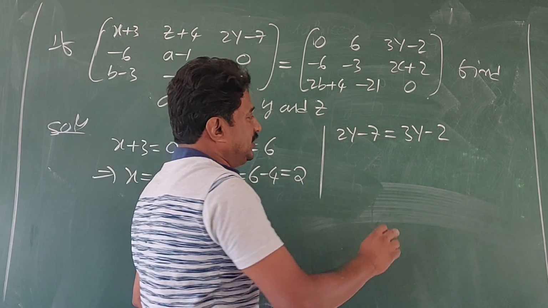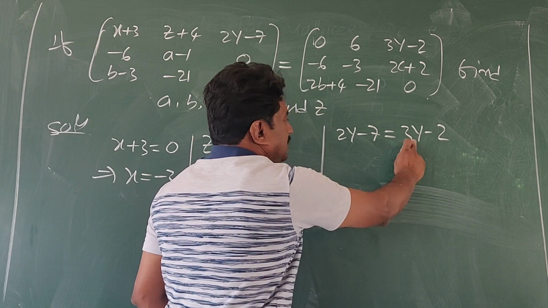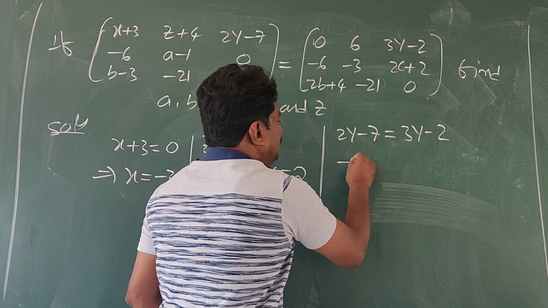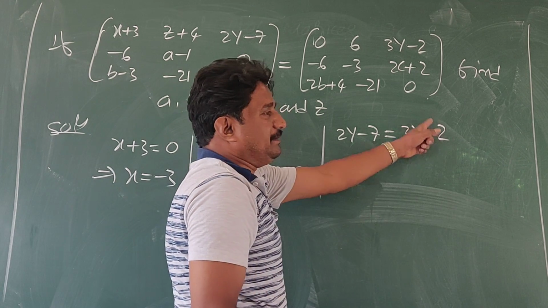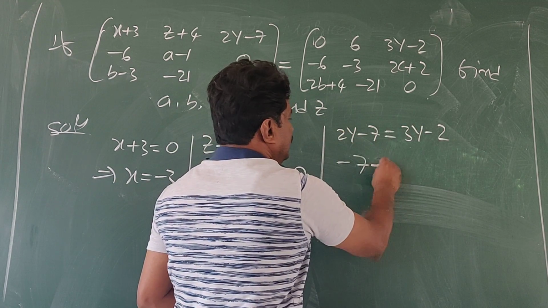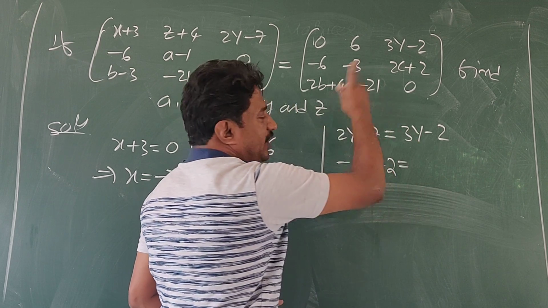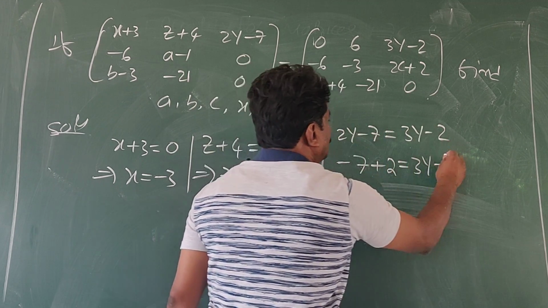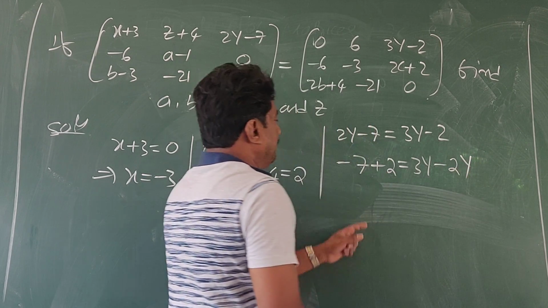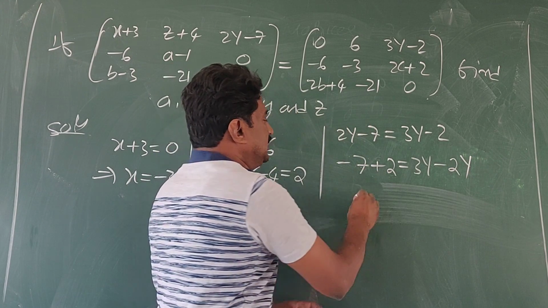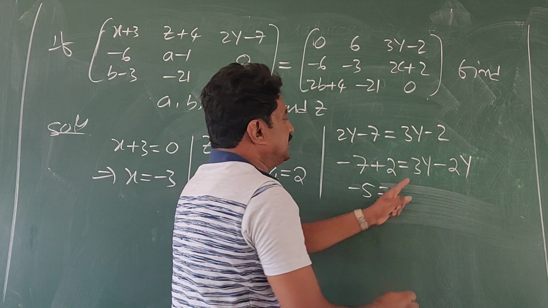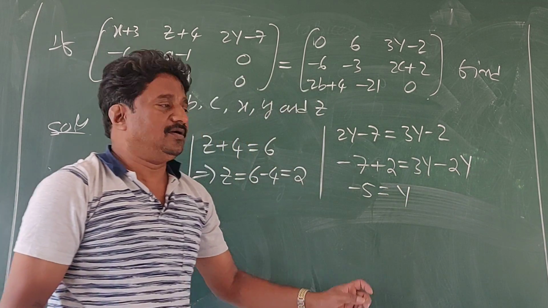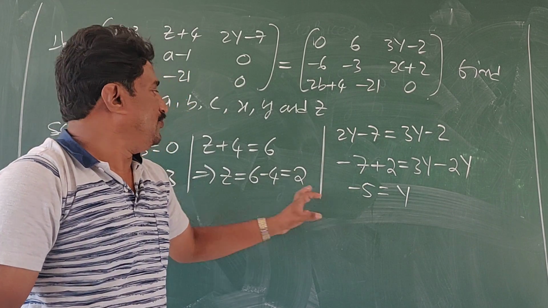Send the y terms to the right side: 3y minus 2y. Minus 7 plus 2 is minus 5. 3y minus 2y is y. We got the y value also.